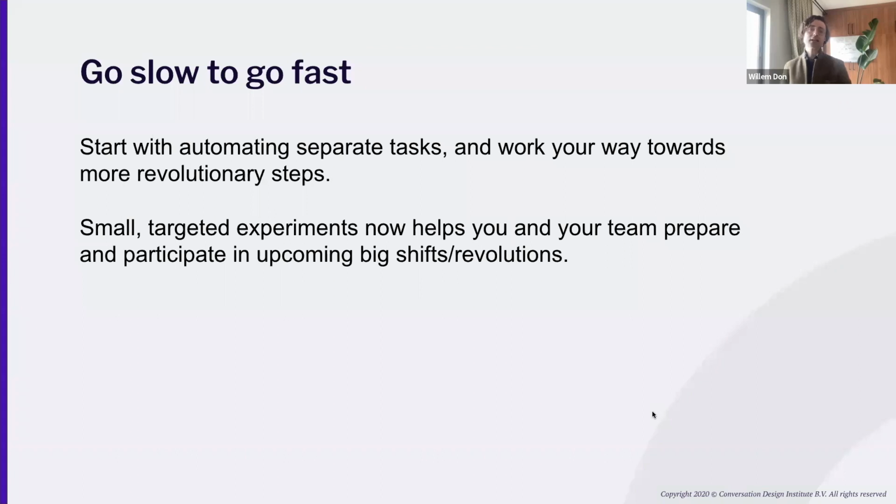But we actually think that for most people working in conversational AI, whether you're a freelancer or working at a company, it's smart to rather go slow than go fast at first. Figure out what the practical implication is right now. What kind of value can I get right now?